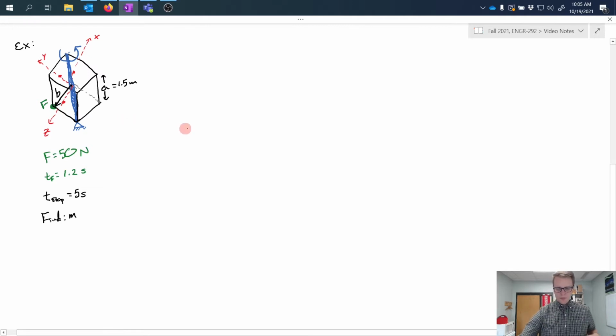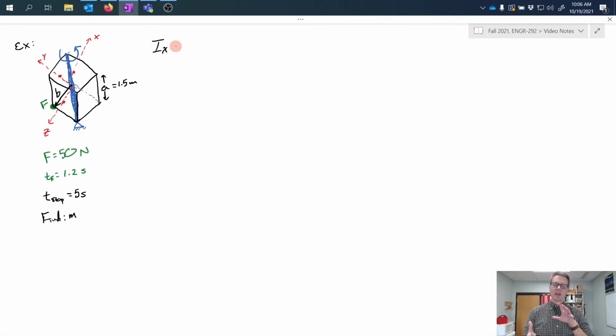So the first step would be to determine our appropriate mass moment of inertia. We need to pick an axis for this, and I'm going to start by picking the x-axis as the axis that I want to take this mass moment of inertia around. The reason I'm picking the x-axis is because of symmetry.